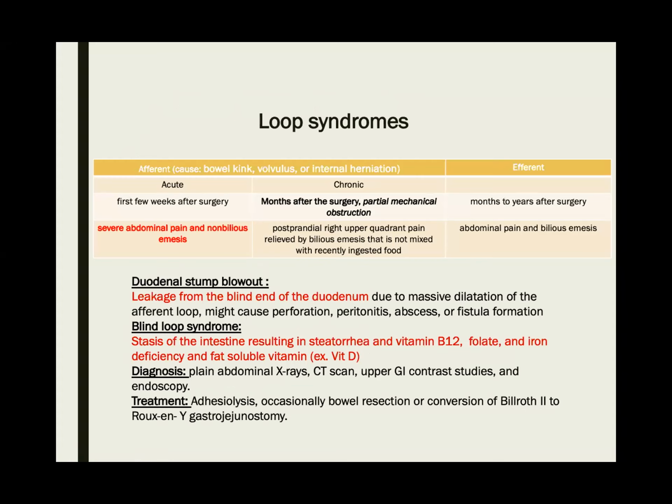It can also lead to bacterial overgrowth, which is blind loop syndrome. With bacterial overgrowth, you get steatorrhea, and vitamin B12, folate and iron deficiency. Why is that? Because bacteria are going to compete with the gut for the absorption of these micronutrients.